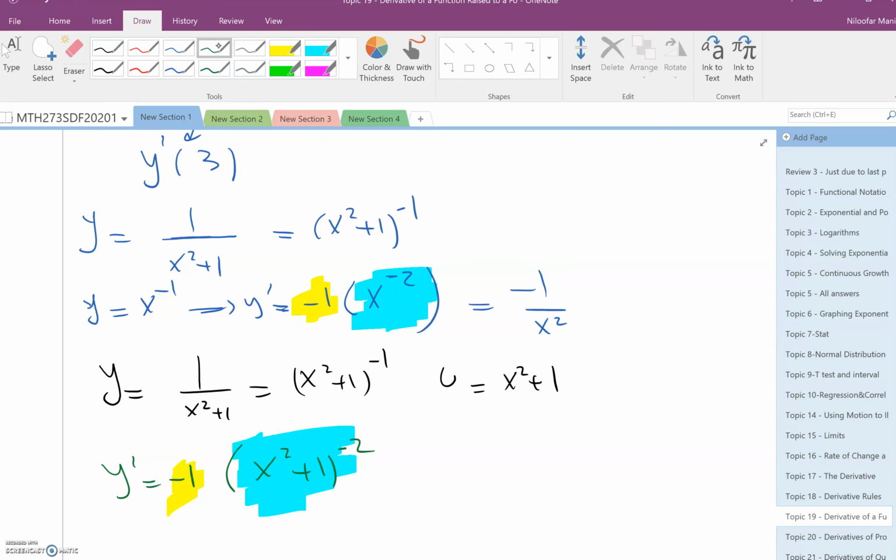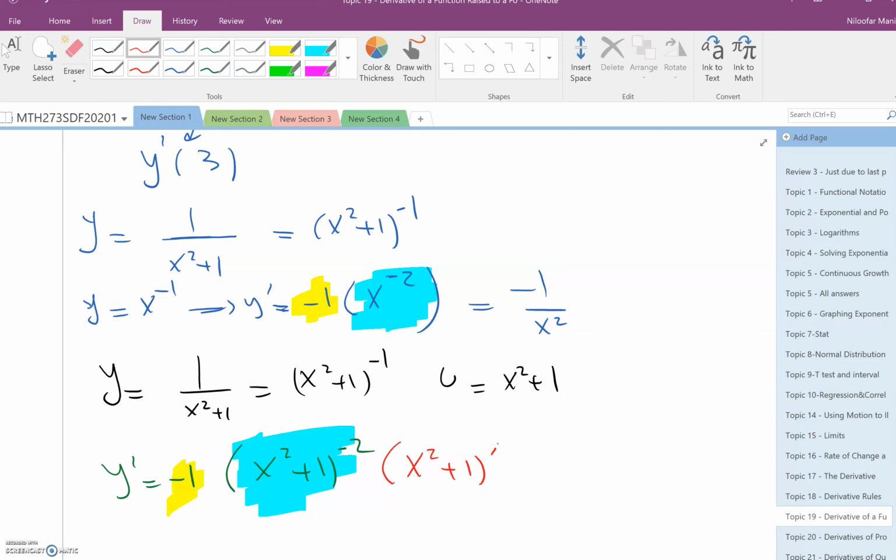Times u prime. Now you need to multiply with u prime, the derivative of the inside. Because here it's not x to the power minus 1, it's not 1 over x. It's something else to the power minus 1, 1 over something else.